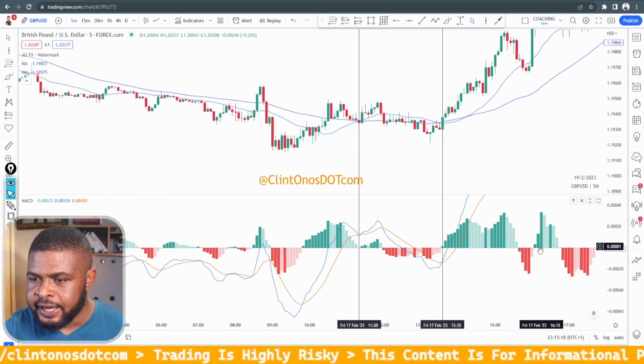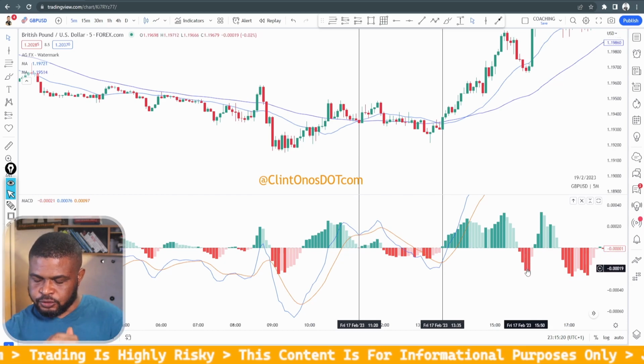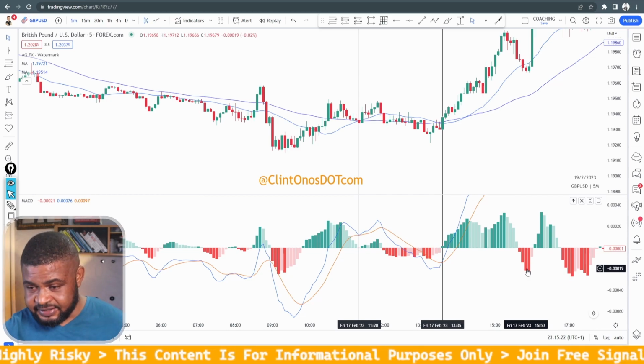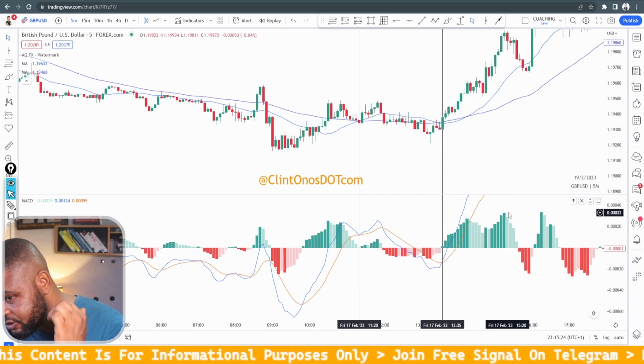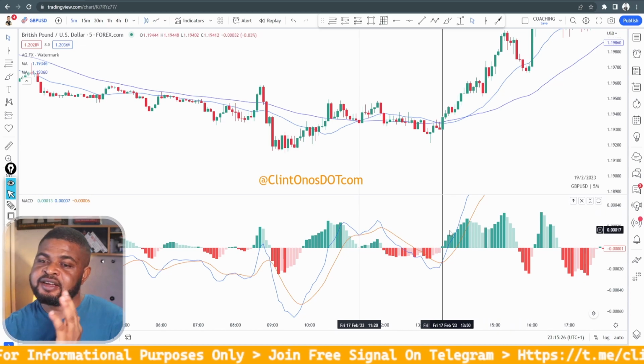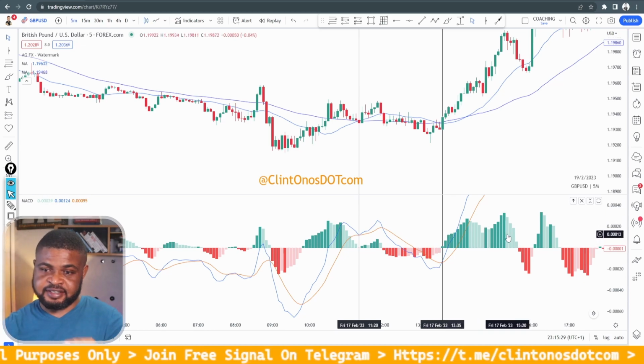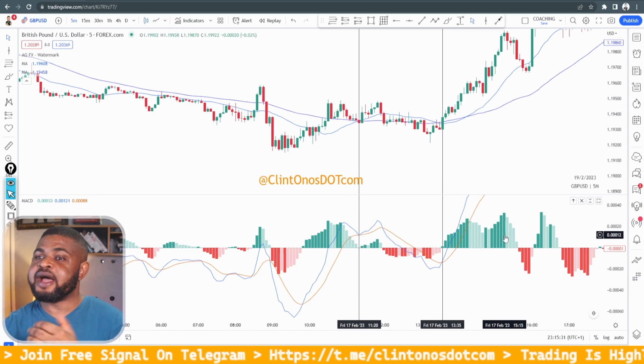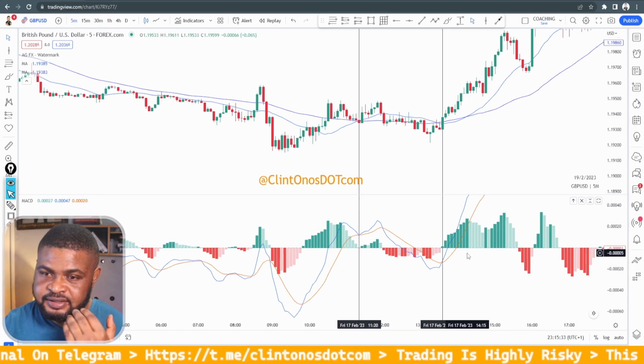When the MACD is below the zero line, that is a sell signal. When it's above the zero line, that's the buy signal. And when it's green, as in the case of my color, it's buy. When it's red, it's sell.